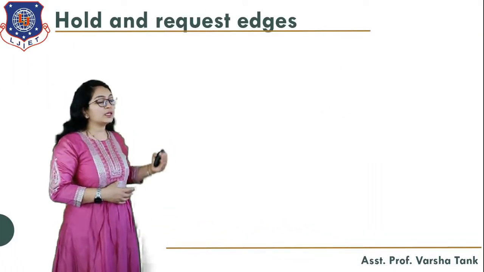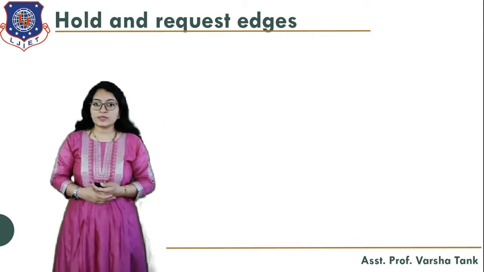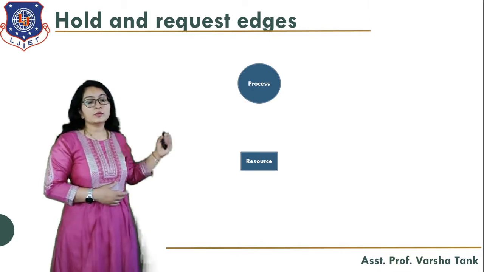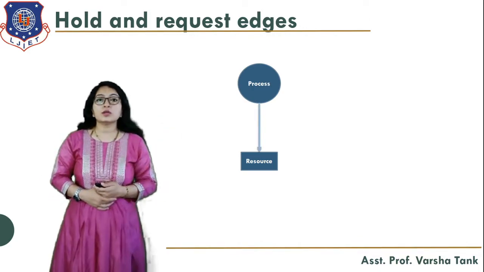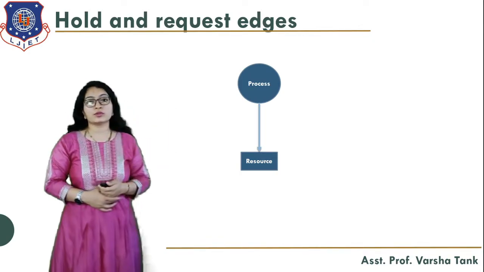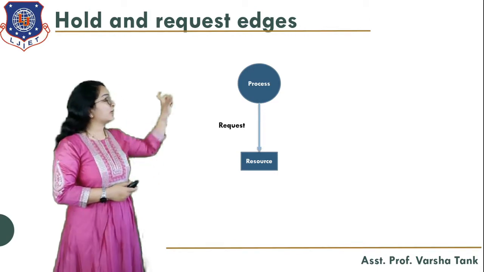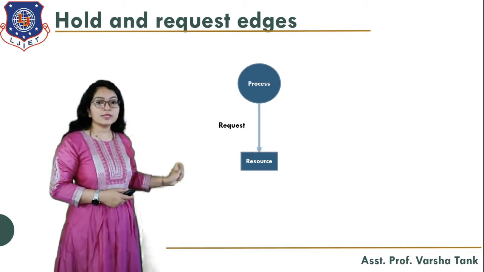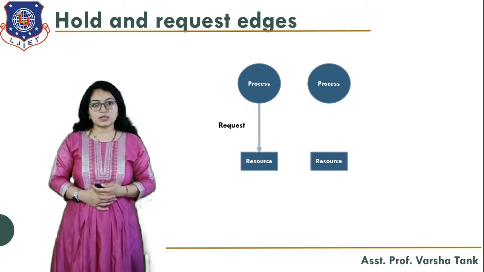Now, before seeing how deadlock will occur, you should know what a hold edge and a request edge are. So let's start. Suppose this is a process and this is a resource. If the edge is from process to resource, then this edge is known as a request edge.